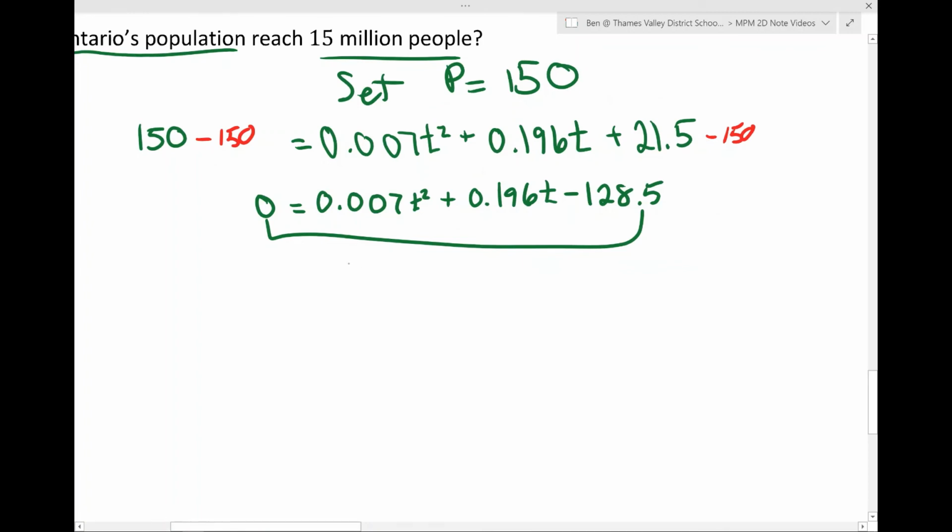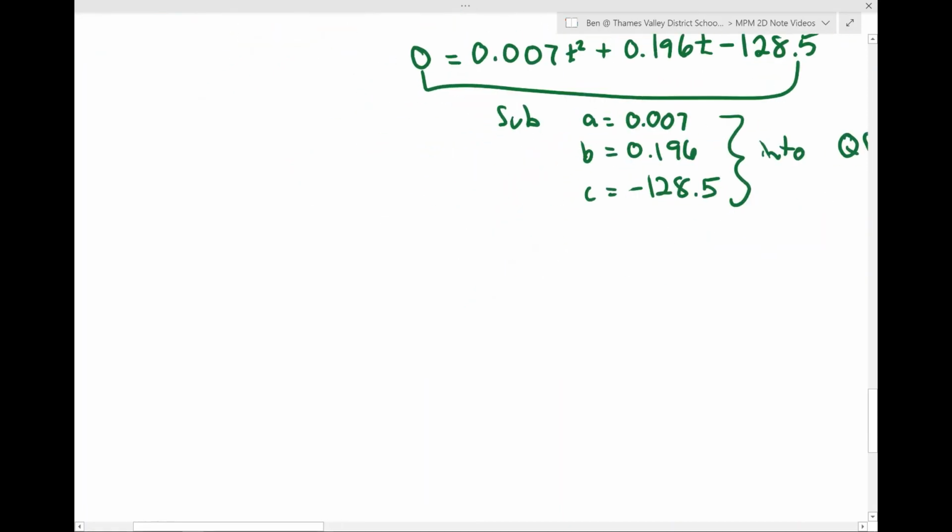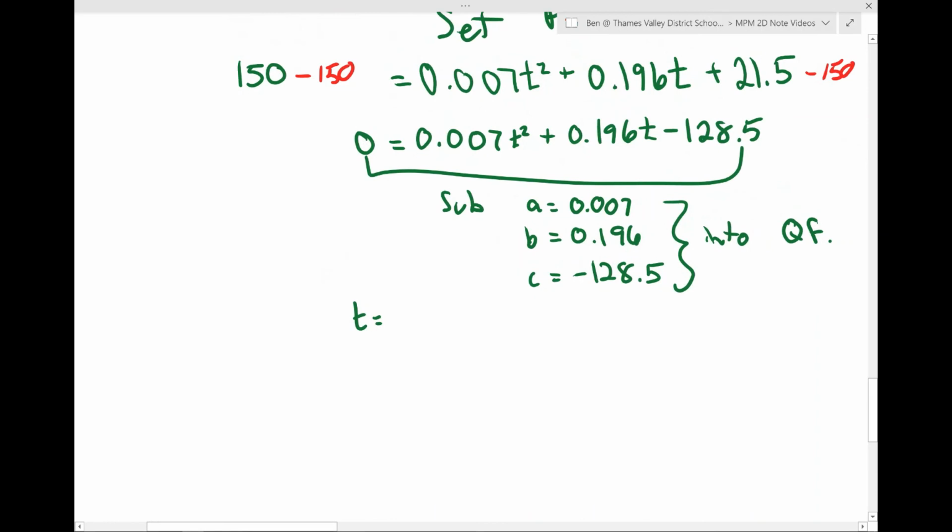We know how to handle this. We can substitute a equals 0.007, b equals 0.196, and c equals negative 128.5. Substitute all of these into our quadratic formula. So now we're working with t equals negative b plus or minus the square root of b squared minus 4ac, all divided by 2a.